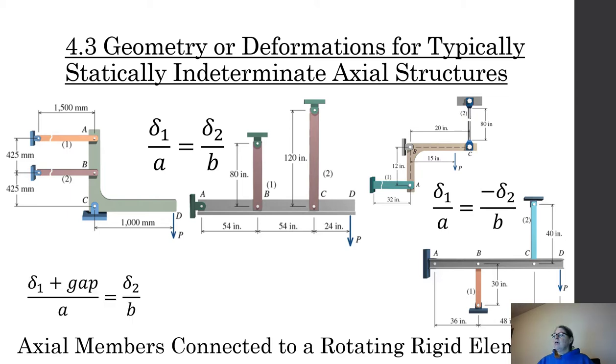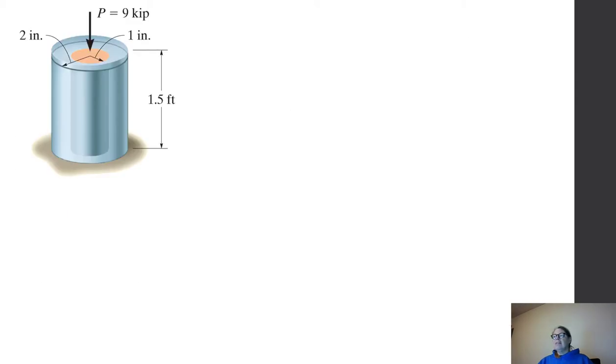Okay, so again, don't try to memorize all of these things, just try to figure out how things are related. So let's go back and look at this core and sleeve. If I have 9 kips pushing down, and I have steel and brass, or aluminum and brass, whatever they are, both pushing up.